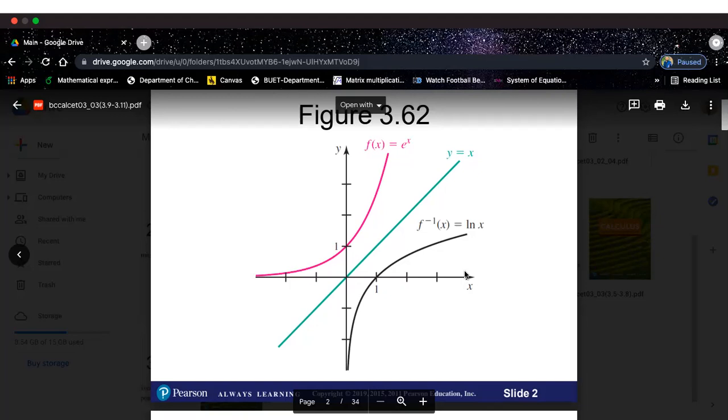Most of you definitely have seen this before in the algebra class or in pre-calc. We need to recap this really quick so that you can use this to find the derivatives.